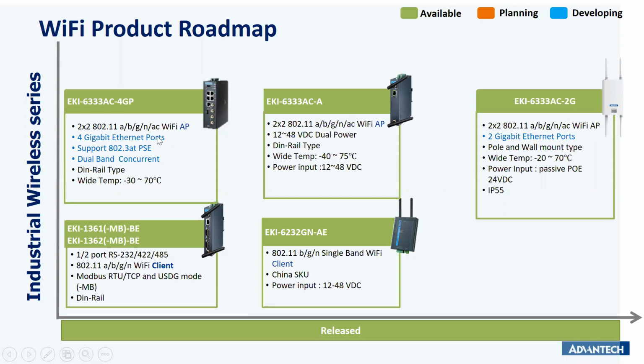Gigabit Ethernet, dual band, dual concurrent, PSE support, with different form factors and different power input ranges. But IP55, I was wrong, I said IP50 earlier. Let's focus on the EKI in the top right-hand corner, the EKI 6333 AC2G. Dual concurrent, dual band, AC Wi-Fi, gigabit Ethernet, pole mounting and wall mounting.